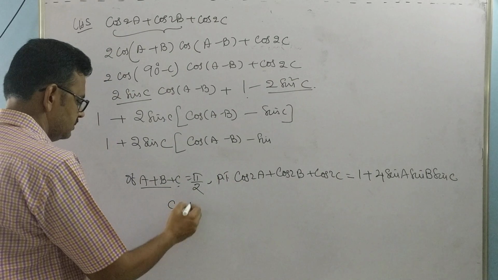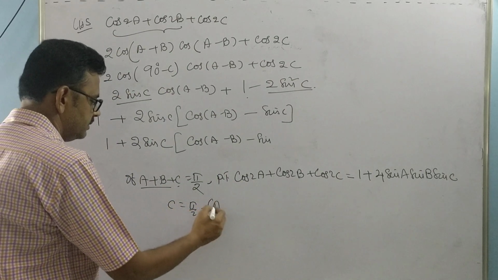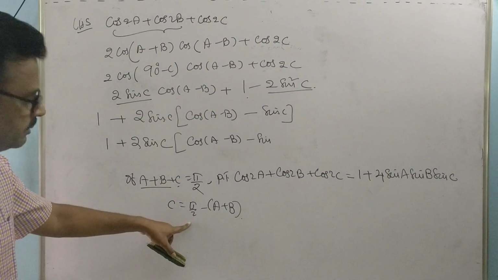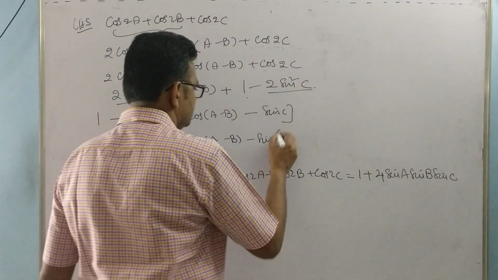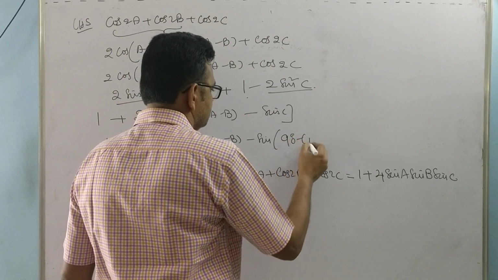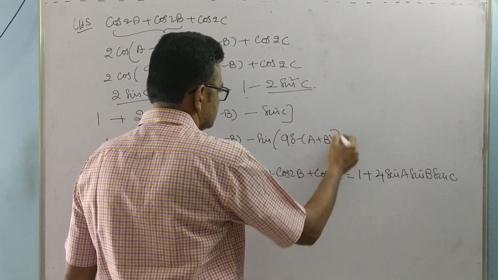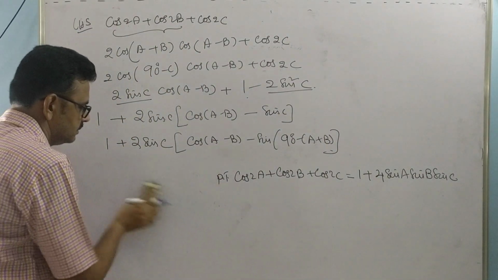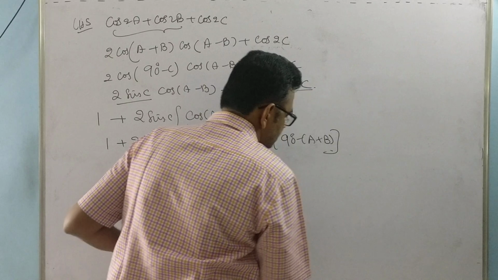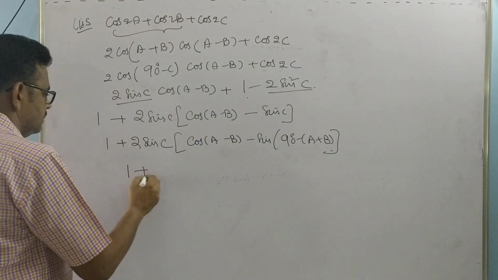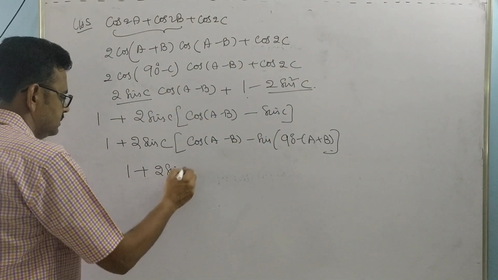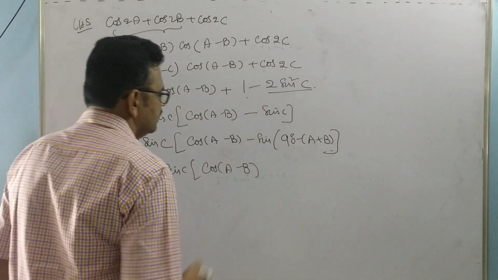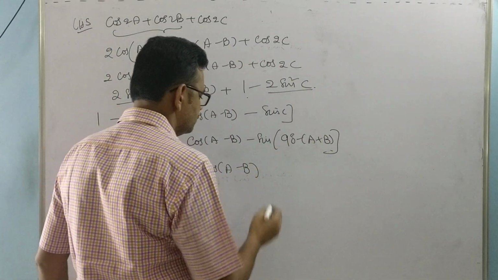What about C is equal to? Pi by 2 minus of A plus B. So pi by 2 means 90. So this is sin of 90 degrees minus of A plus B. So this is 1 plus 2 sin C of, so this is cos of A minus B, and this is sin of 90 minus theta equal to what? Cos.